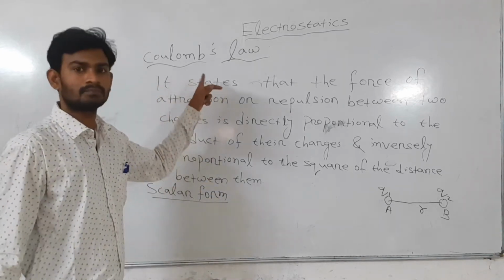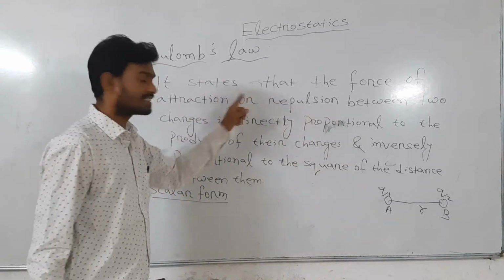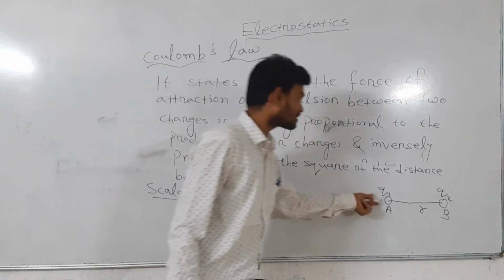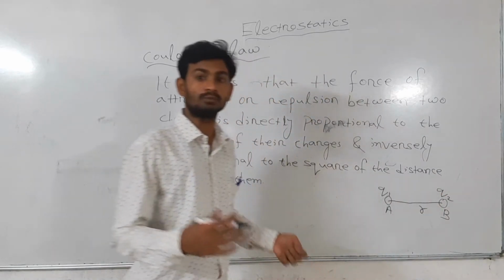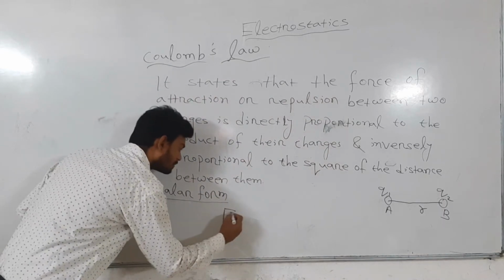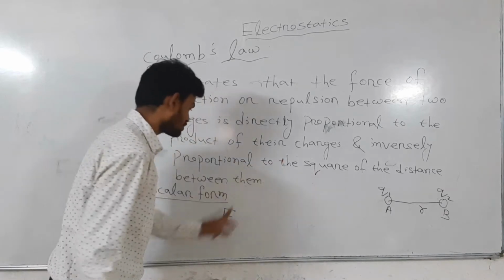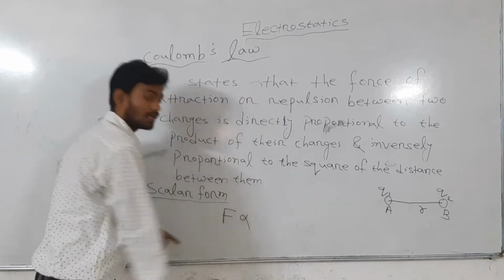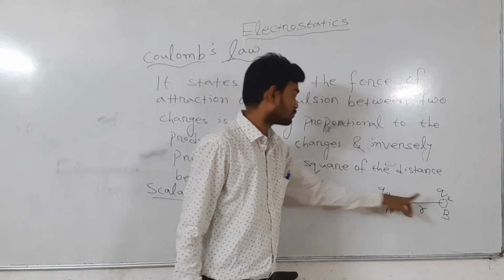As per the statement of Coulomb's law, the force of attraction or repulsion between these two charges is directly proportional to the product of their charges. What are the charges of these two bodies?